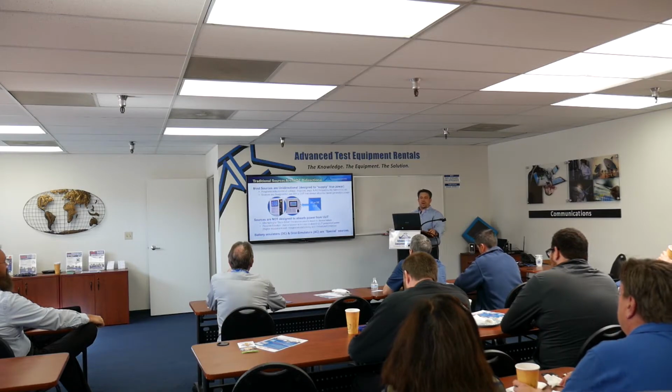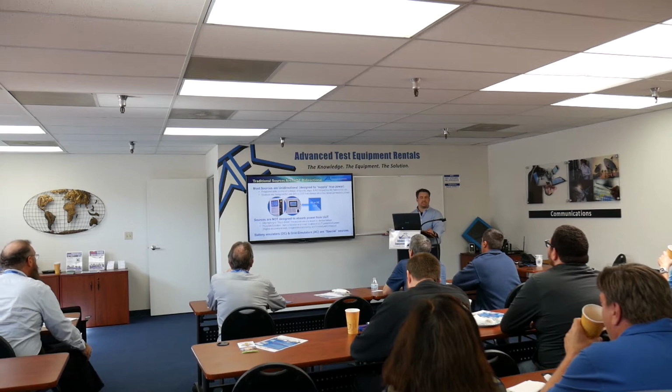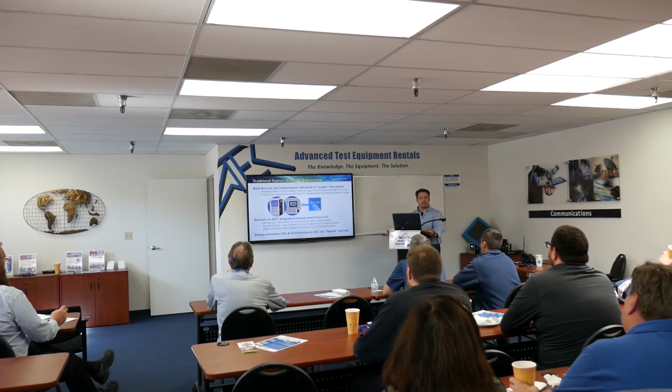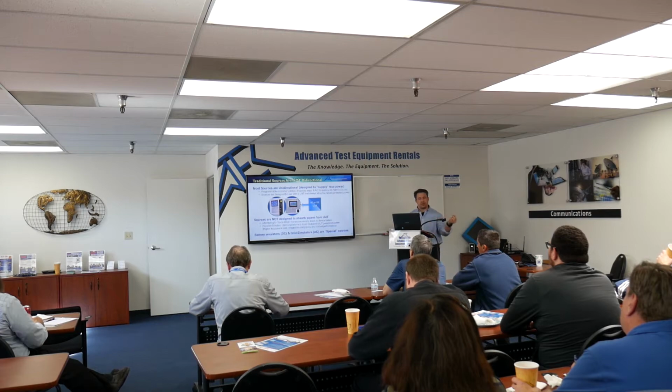This is where the bidirectional AC and DC products come into play, and this is what we're going to be talking about in this presentation, something that we manufacture. You have the battery emulators, which can do the DC current either way, or they essentially act like a battery, where you can think of the battery in your car.